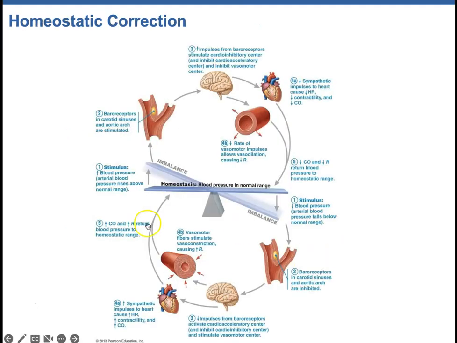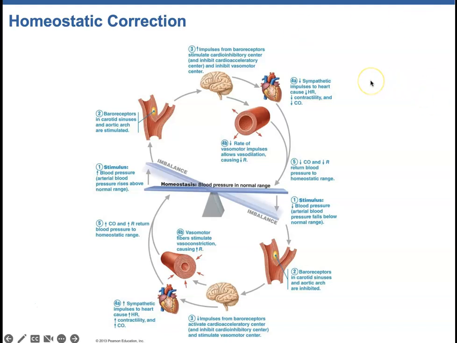So when you look at this image, this is just giving you that seesaw of how this gets regulated. So increased pressure will be felt by that sinus that is in the carotid arteries. It sends the signal to the brain to say, hey, stimulate the cardioinhibitory, inhibit cardioacceleratory, and inhibit vasomotor.